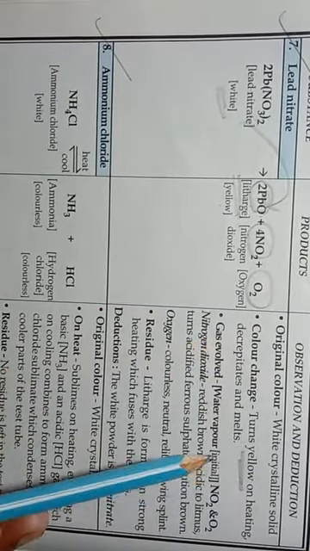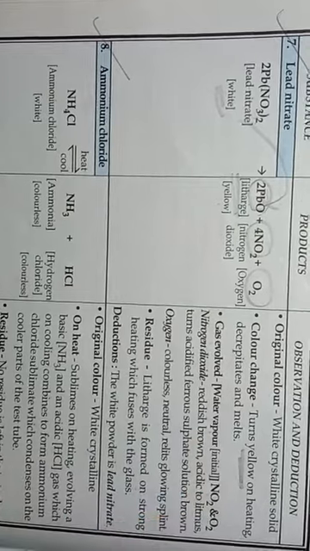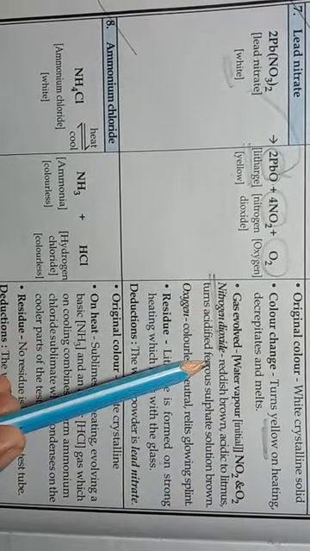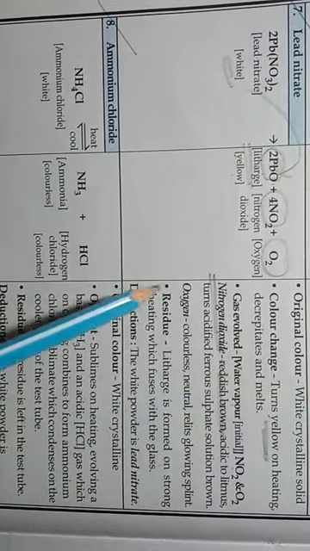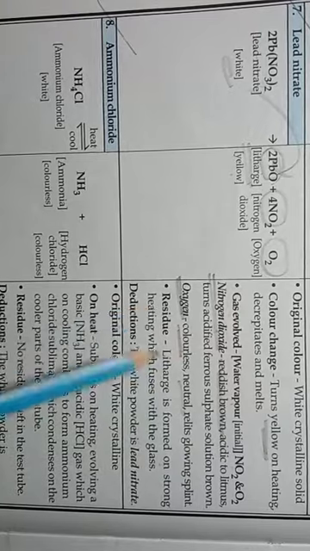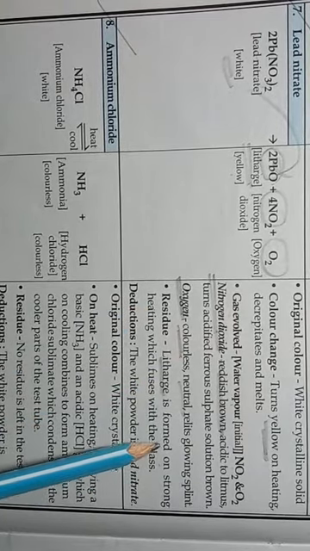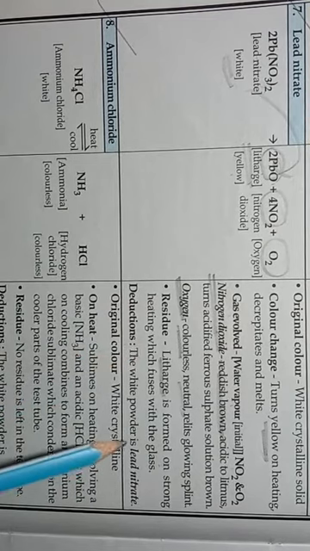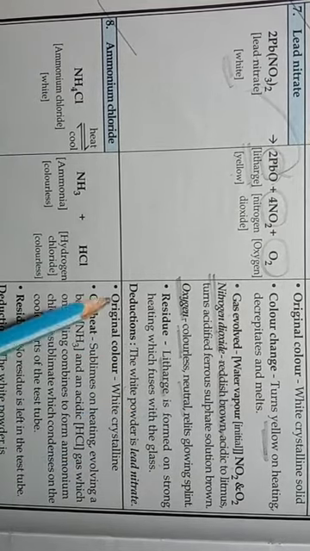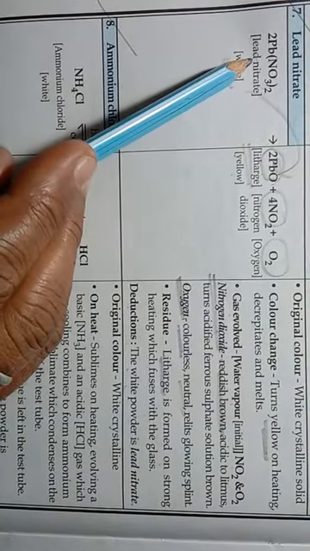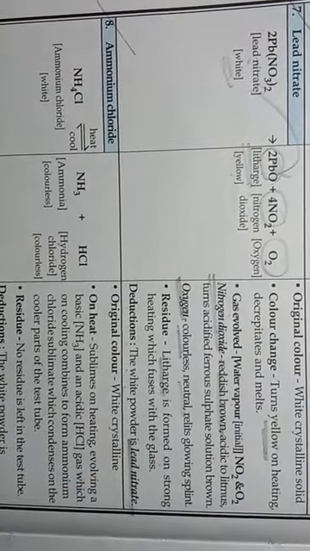Gases evolved: water vapor, NO2 and O2. Nitrogen dioxide, similar observation, a reddish brown acidic gas. Oxygen, similar observation. The residue litharge is formed, which is yellow in color, and we can conclude that the white powder given here is lead nitrate.